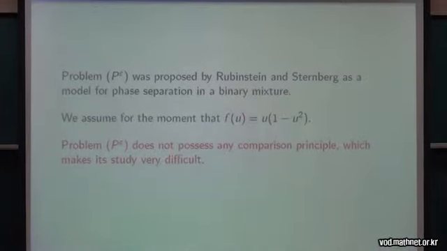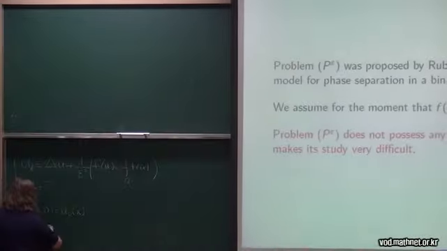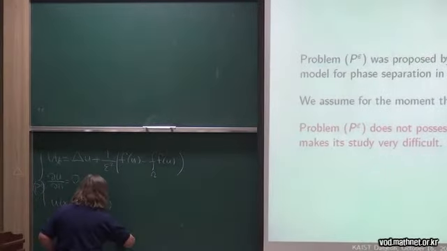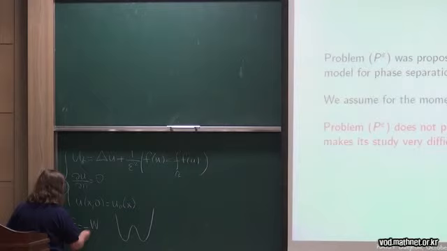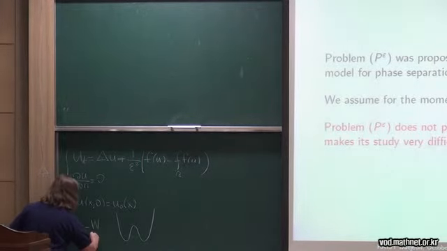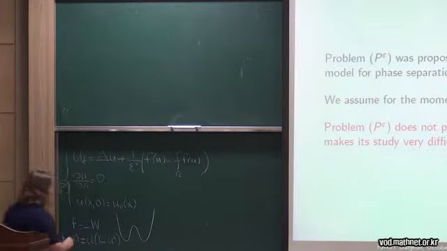So, typically we will assume that F is minus the derivative of a double well potential with equal wells. So F equals minus W prime, and W would have this shape. And for this seminar, it is very handy to think of F of U equals U times 1 minus U squared as a typical example.